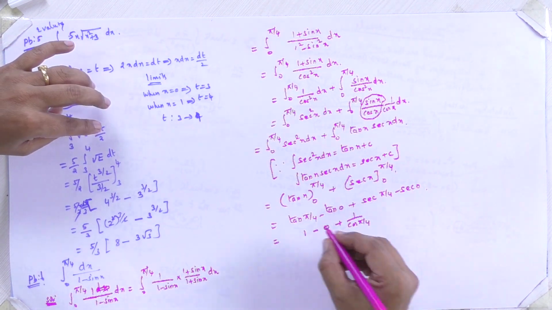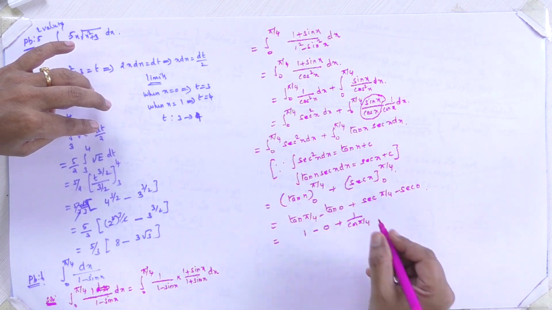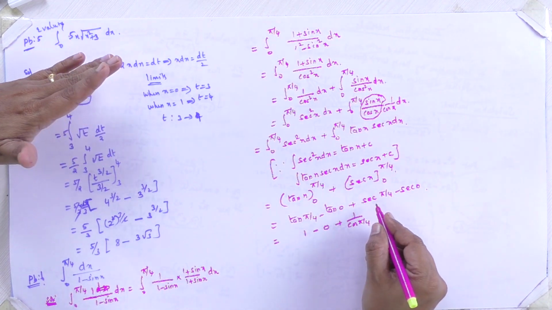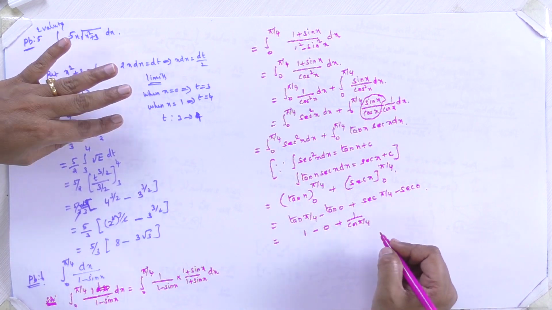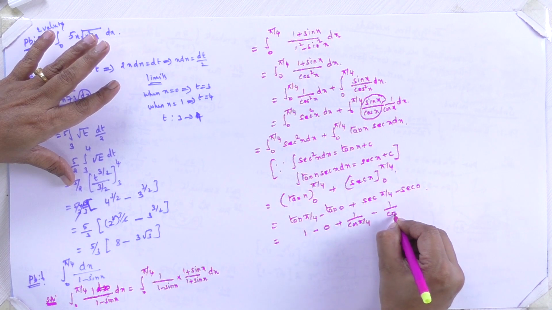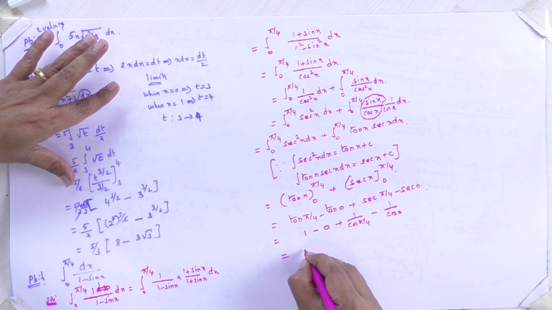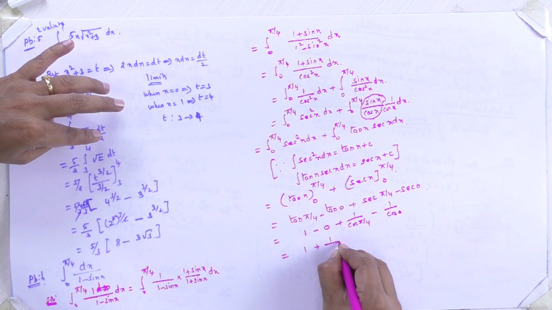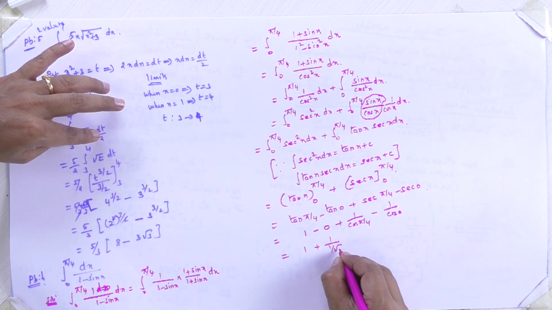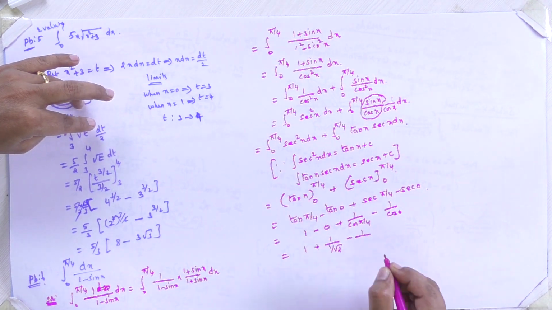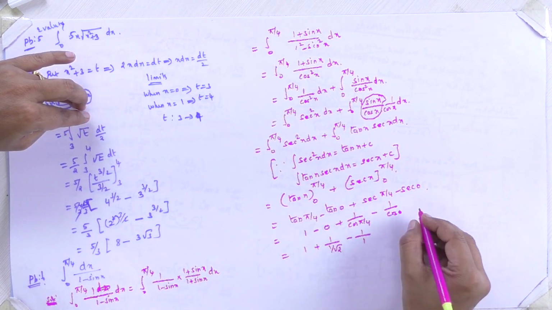Pi by 4 is 45 degrees, tan 45 is 1. Similarly, cos 45 is 1 by root 2. So you make it as 1 by cos: secant pi by 4 is 1 by cos pi by 4, minus secant 0, which can also be written as 1 by cos 0. So this is equal to 1 minus 0 here, plus 1 divided by the value of cos 45, which is 1 by root 2, minus 1 divided by cos 0, which is 1.